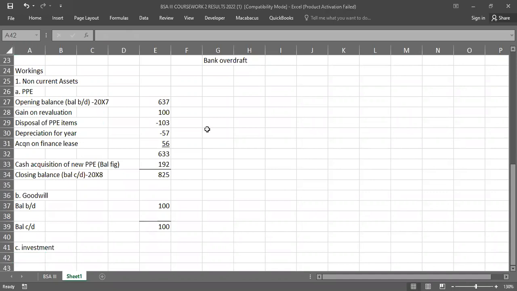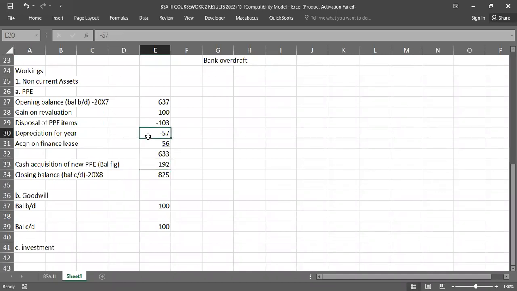If they tell you you purchased PPE, you are looking for depreciation. Do you add or subtract? If they tell you that you purchased goodwill, they'll give you this figure 199, but now they want to give you depreciation.